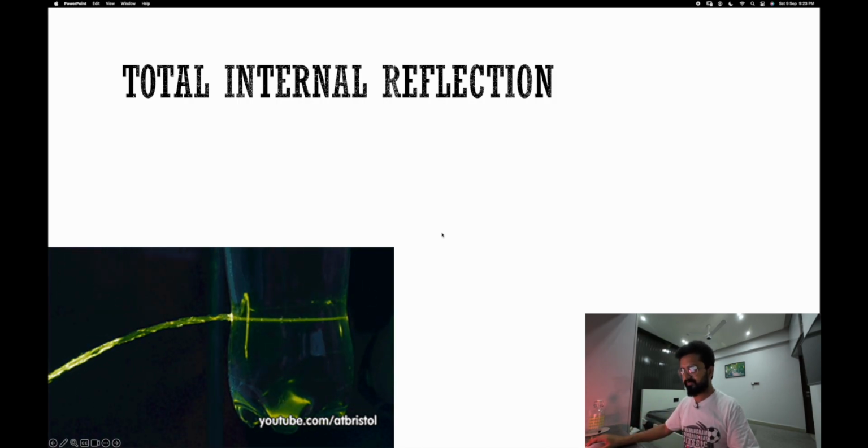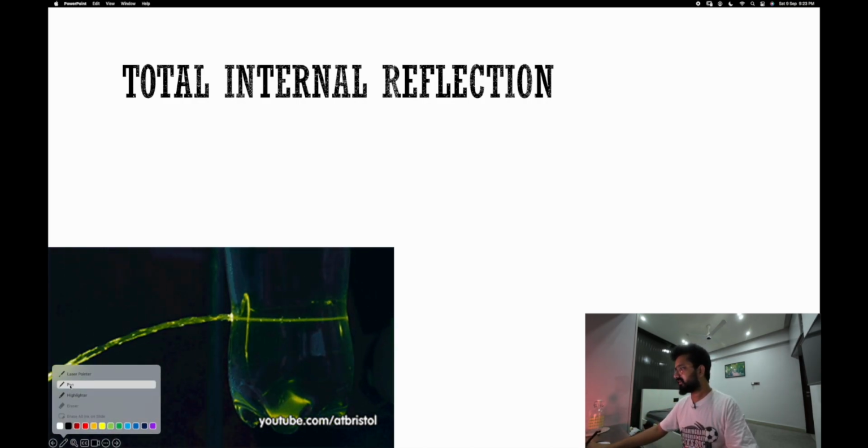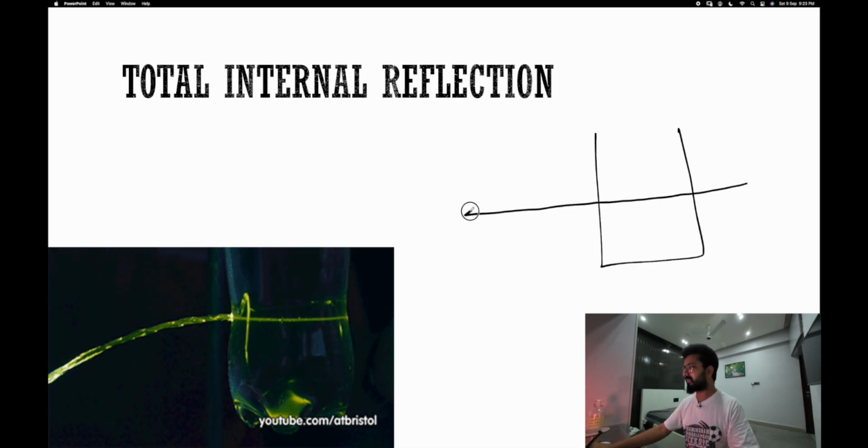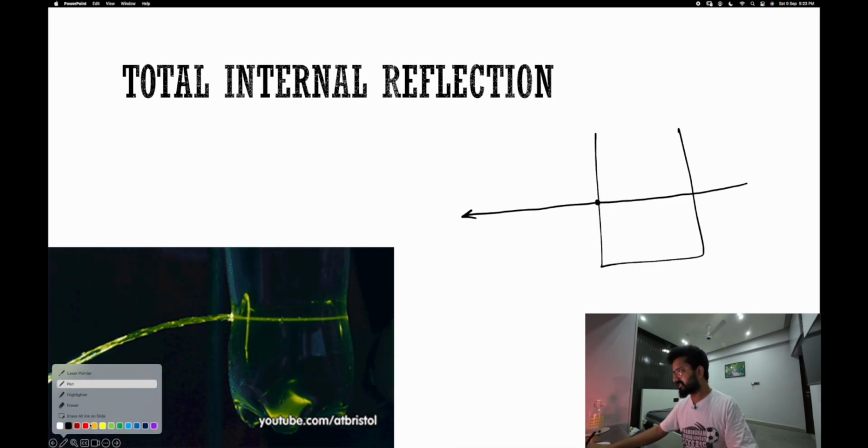Obviously it is total internal reflection, but we'll conceptually understand why the light ray is traveling within the water. So if this is a bottle and the laser beam is shot, the laser beam goes straight, but as soon as you make a hole here, let's say I make a hole here, let me change the ink color to red. Now the water starts falling down like this.